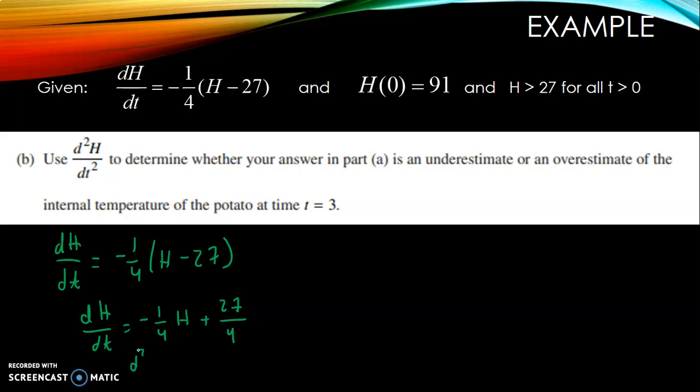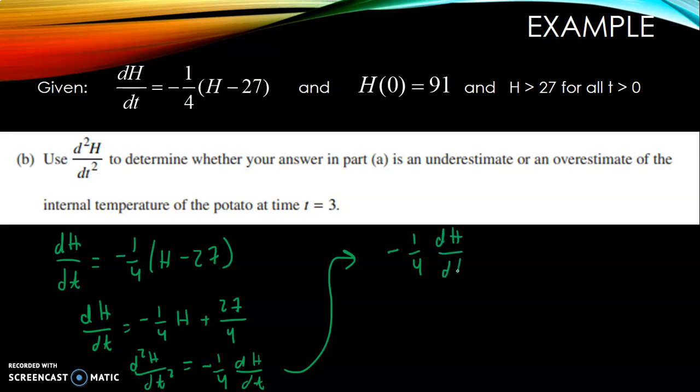So the second derivative of h with respect to t is going to be the derivative of these two things. So negative 1/4, and the derivative of h with respect to t is dh/dt. The derivative of a constant goes away. So I have negative 1/4 dh/dt. So I need to plug my equation for dh/dt back in.